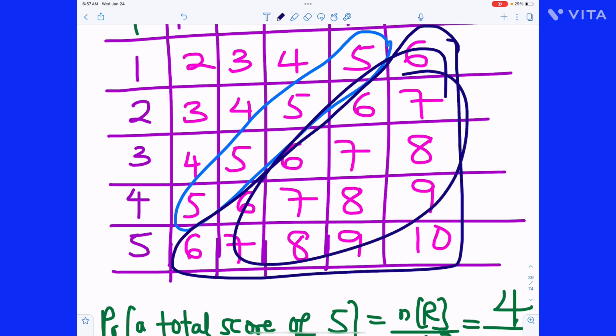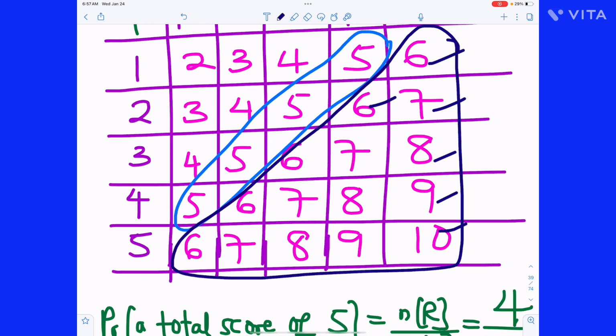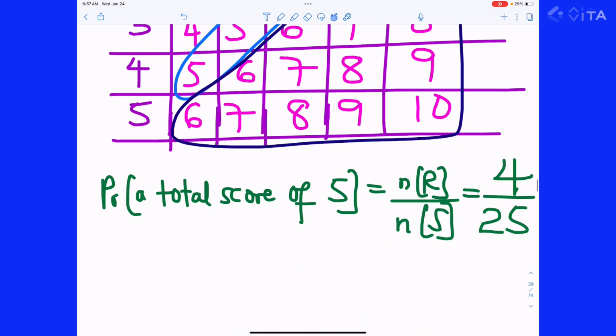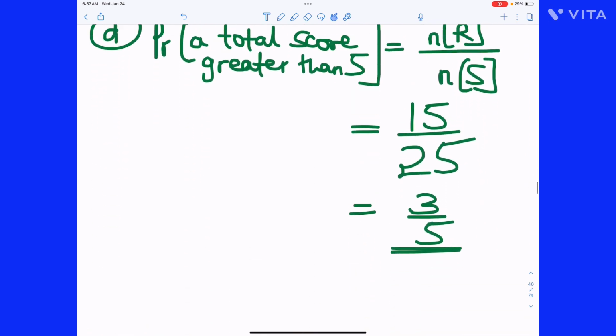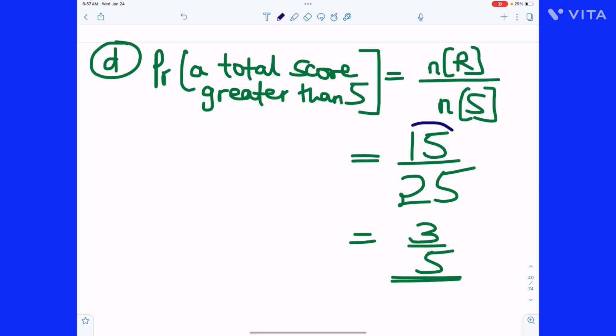So we just count them. How many are they? 1, 2, 3, 4, 5, 6, 7, 8, 9, 10, 11, 12, 13, 14, 15. So that means the probability of getting a total score greater than 5 is 15 over 25. You use the same formula, NR over NS, number of required outcomes over number of possible outcomes.